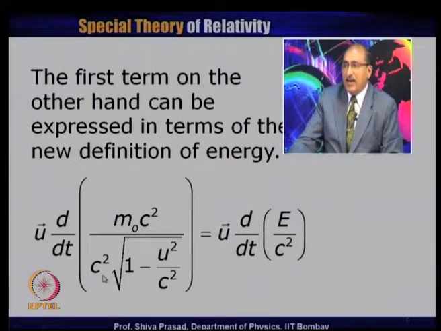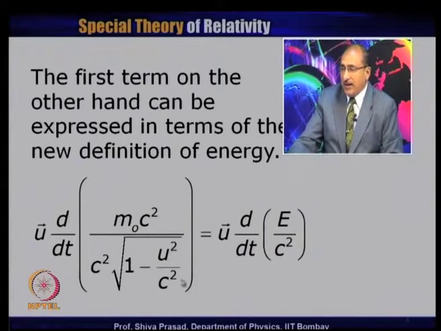The idea is that I can express this in terms of the new definition of energy, because I know this particular factor multiplied by m naught multiplied by c square can be written as the total relativistic energy of the particle, which is defined as gamma u m naught c square.